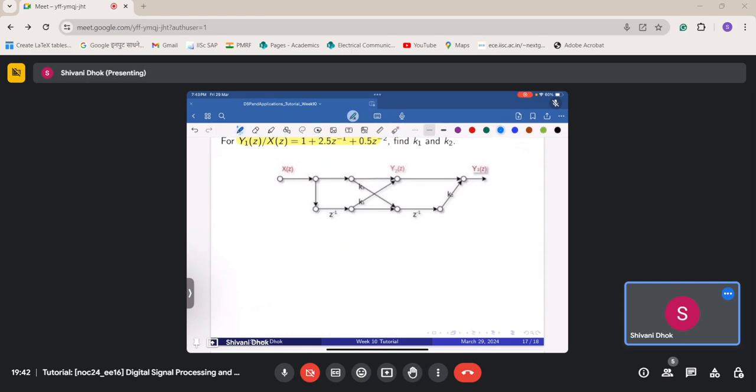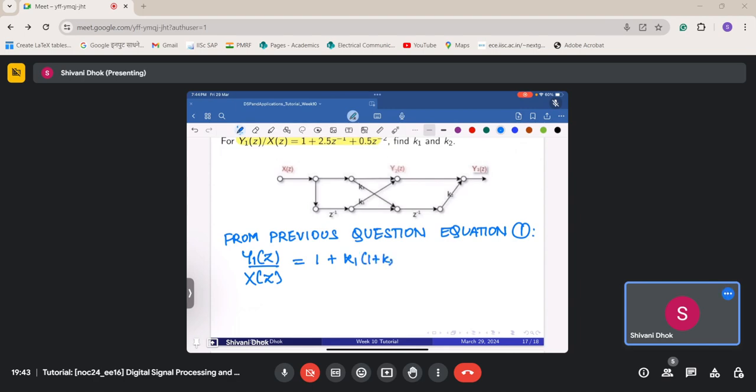From the previous question, equation 1, y1 of z upon x of z was equal to 1 plus k1 into 1 plus k2 z inverse plus k2 z to the power -2.